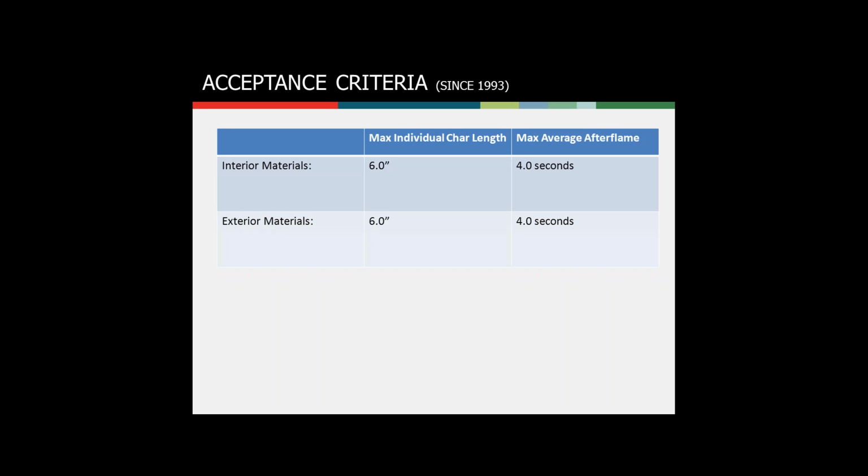For any individual test piece, if you have a reading over 6 inches, the product fails. If you average a group of 5 for the afterflame in either the machine or cross machine direction and you exceed 4 seconds, then you will fail the test.